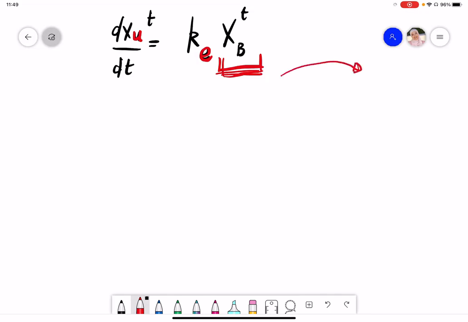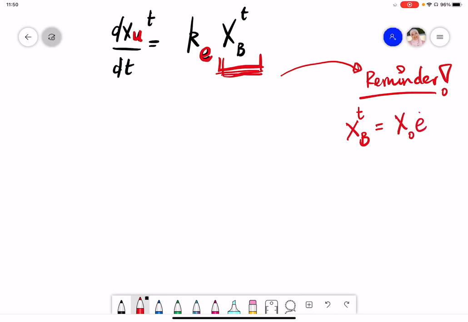Just as a self-reminder, the amount in the body, and again, we are still talking about this model of IV bolus, one compartment, single dose with linear kinetics. So we were able to determine the amount in the body using this equation. So what if I just substitute this here?